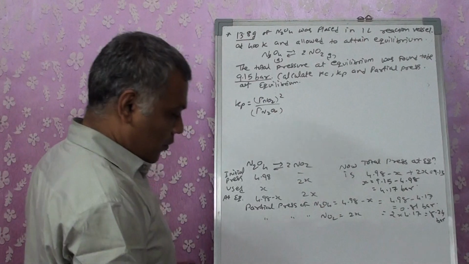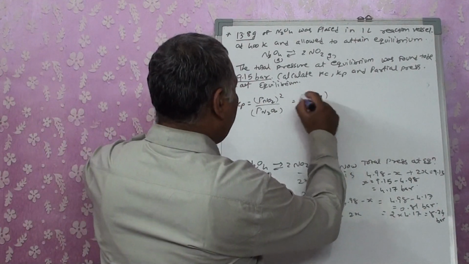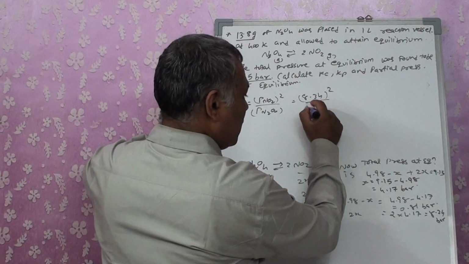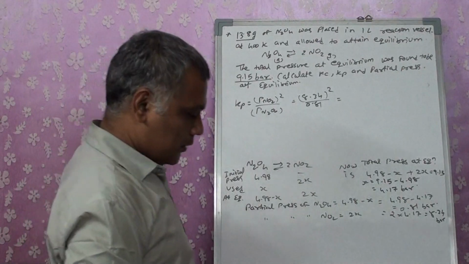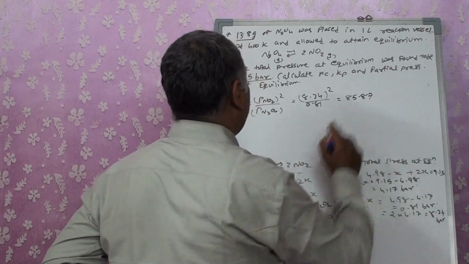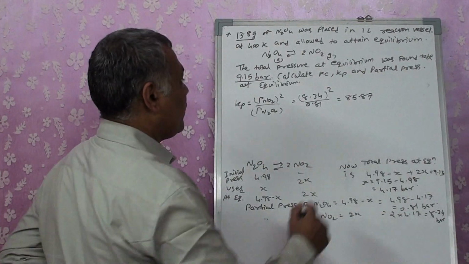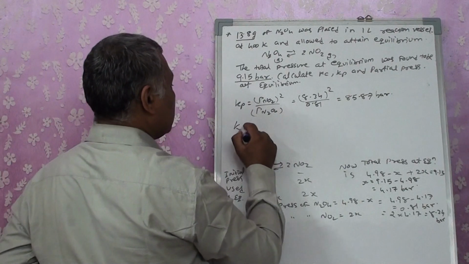Now these values are given to us: 8.34 whole square and 0.81. So we will get the answer as 85.87 bar.